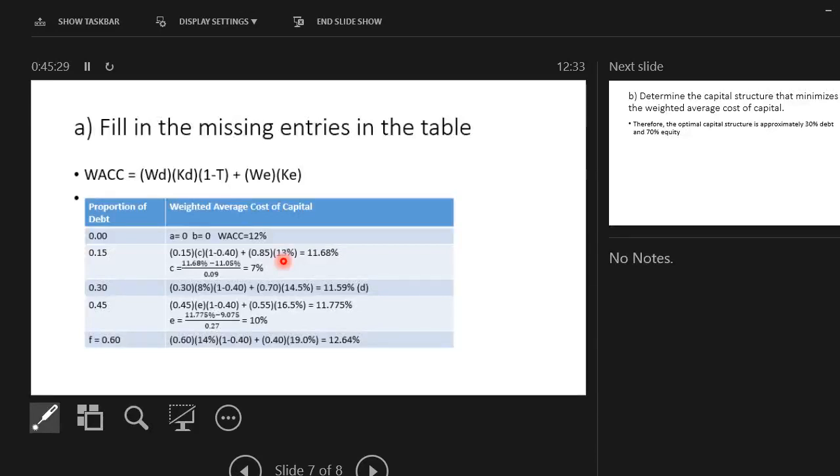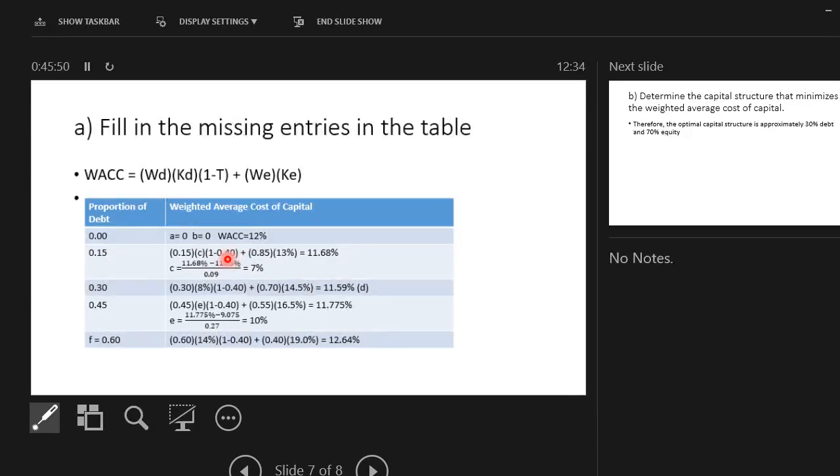11.05, which is 11.05%. I want you to calculate this part as well. So here we have C, but you have this and that, which you can also do the calculation. So you are basically saying 0.15 multiplied by, we know that when we say 1 minus 0.40, we'll get 0.60.